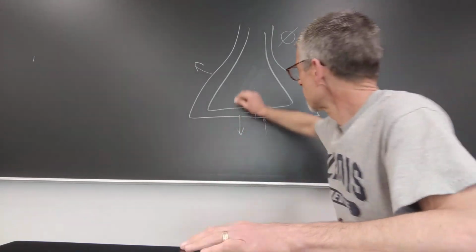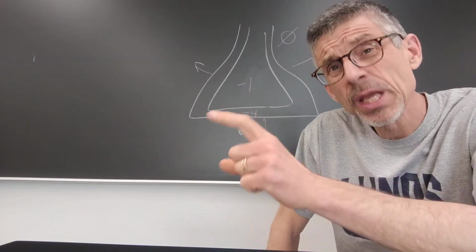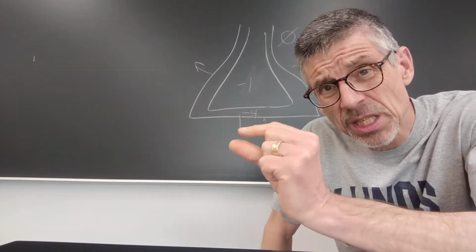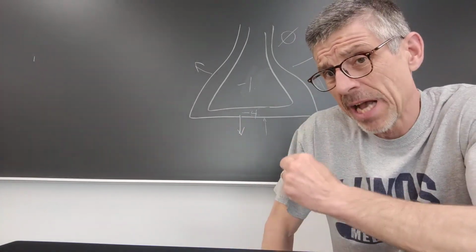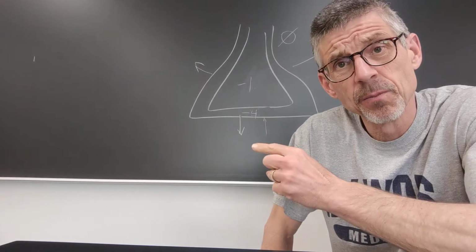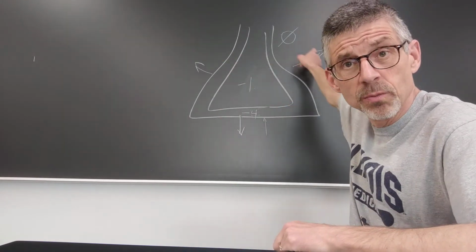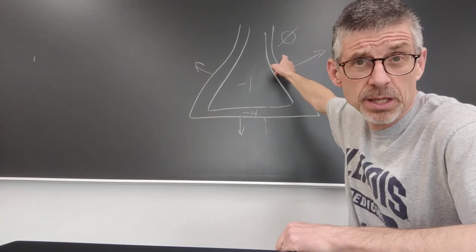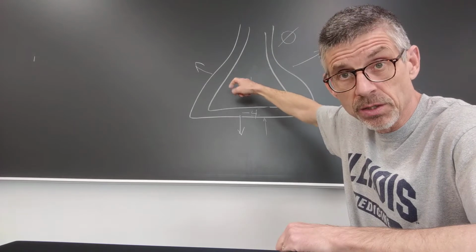And it falls to about 1 millimeter of mercury less than atmospheric, just a little bit less than atmospheric. And that's all that's needed, because now a pressure difference has been created, with the pressure inside the alveoli less than the pressure of the atmosphere. Air will flow into the lungs in this case.